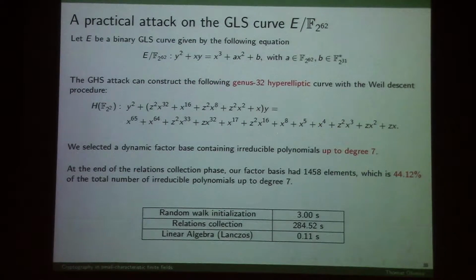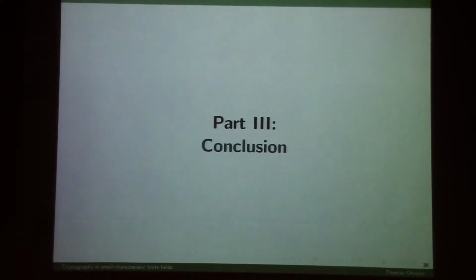Using this approach, we could finish the relation collection phase with just 44% of the factor base we would need in the original algorithm, and we could solve this logarithm in about 284 seconds. Okay, so this was our work.